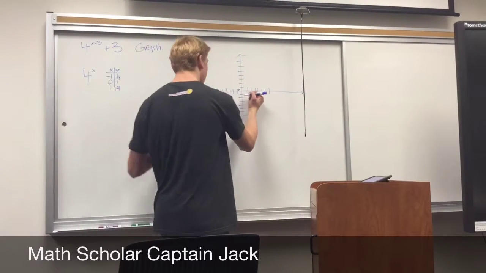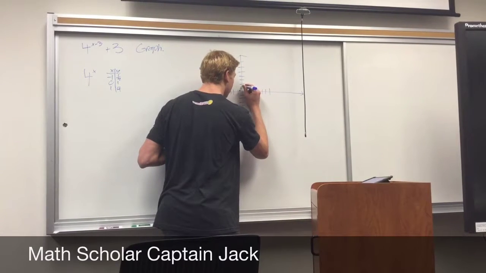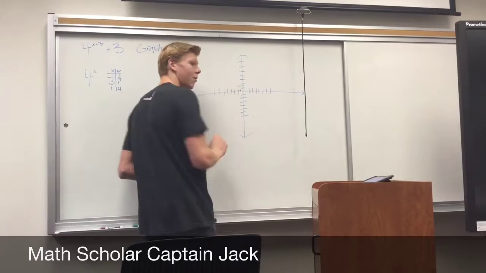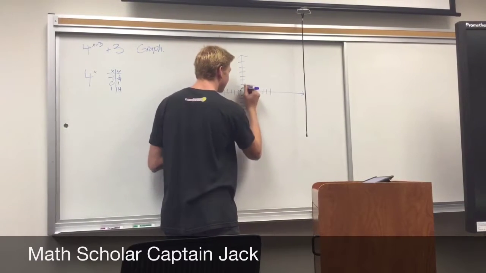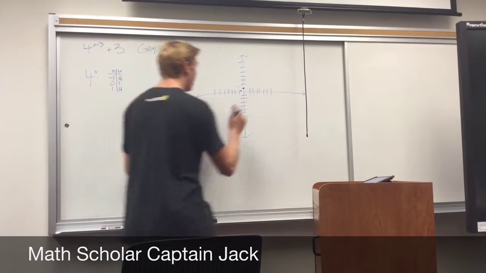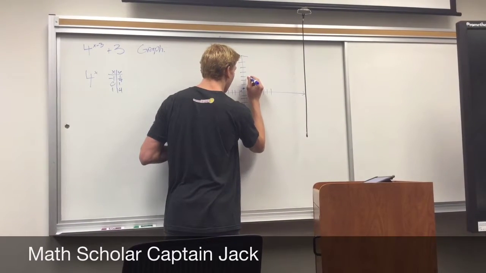Then we got 0, 1, so it'll be about right yonder. Don't know why I put it right there, it's actually going to be right here. And then we got 1, 4.